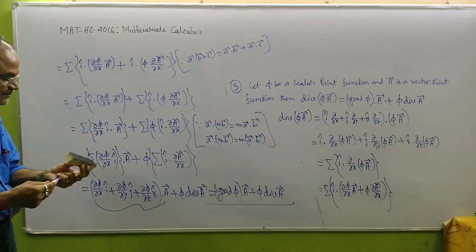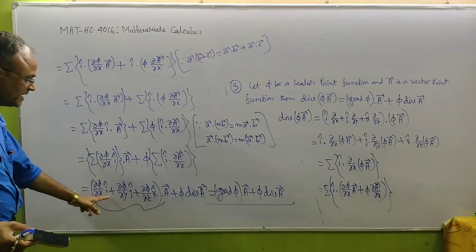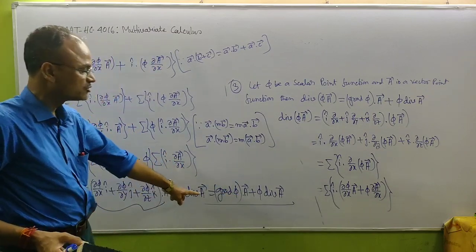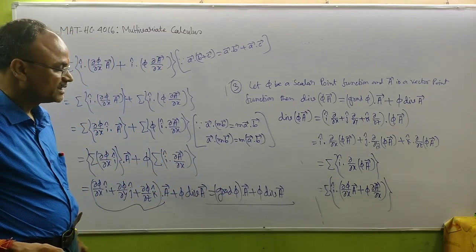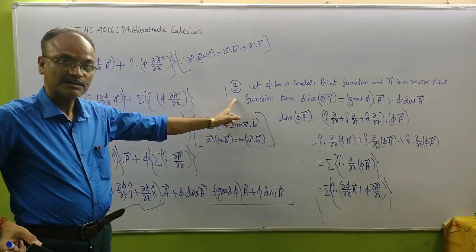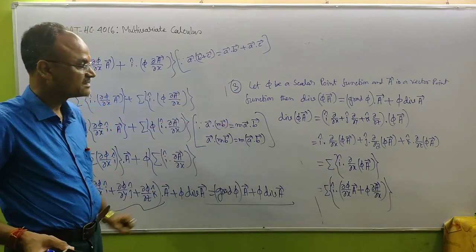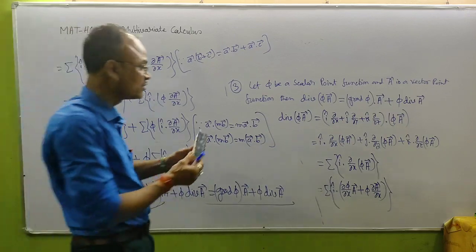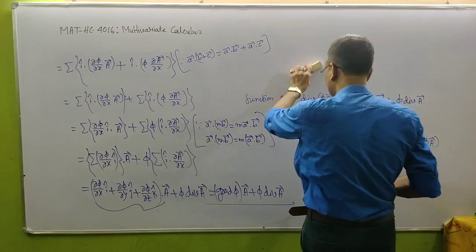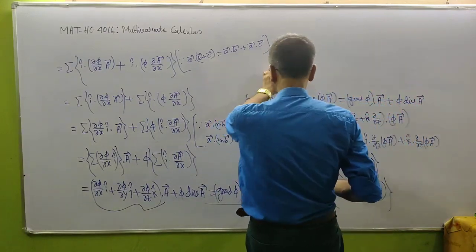It will be like this. Therefore, we have proved the vector identity number 3: divergence of phi A vector equals gradient phi dot A plus phi divergence of A.